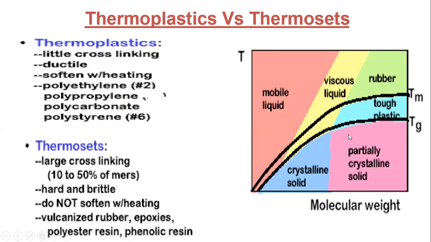So these two graphs are built upon the molecular weight and temperature. Tg means glass temperature, Tm means degradation temperature.